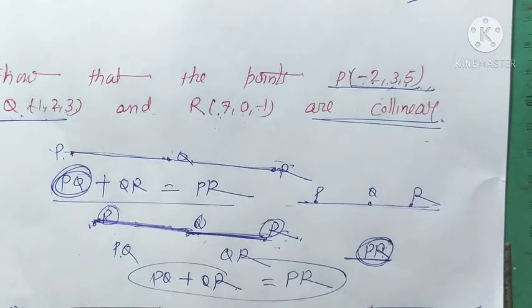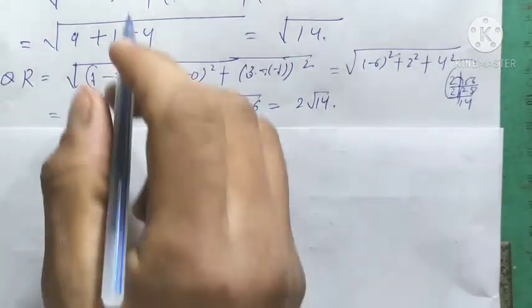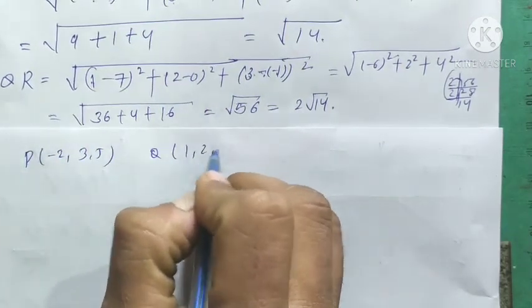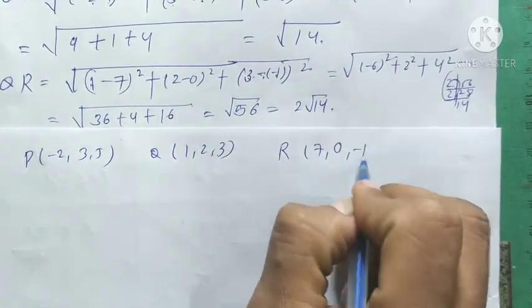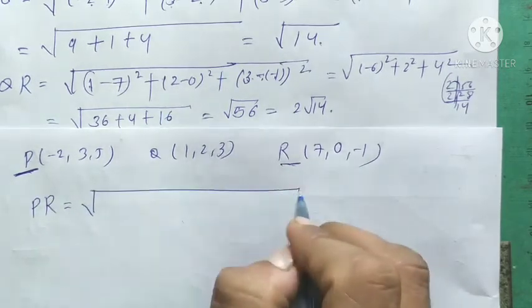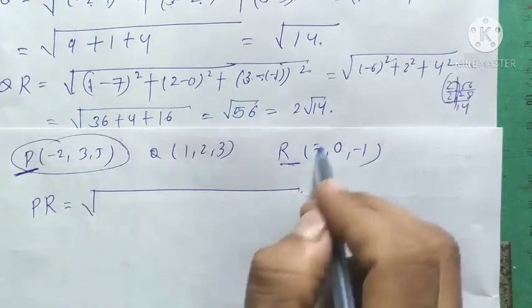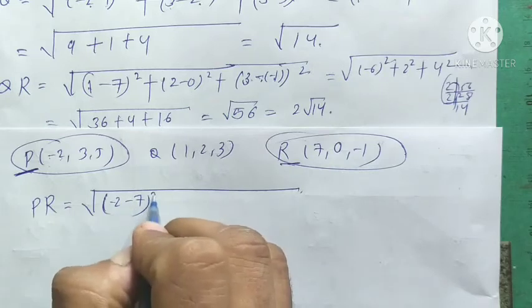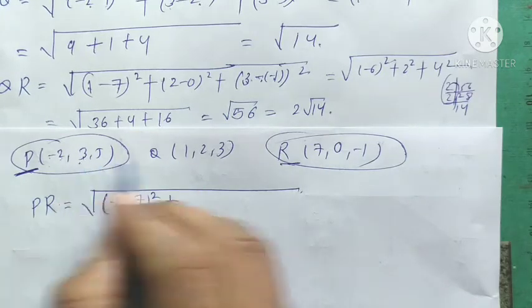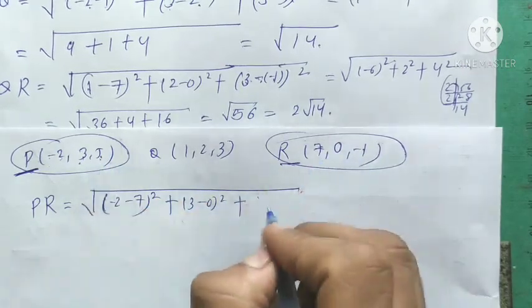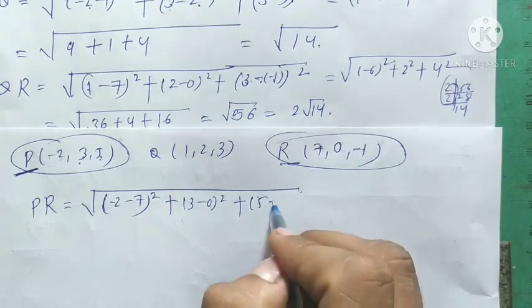And now we find the distance between P and R. Our coordinates are already given here. So first we write all these coordinates here: P 2 3 5, Q 1 2 3, and R 7 0 minus 1. So now we have to find the distance between P and R. So this is the P and this is the R. So the difference between x coordinates, minus 2 minus 7, and now we square it. The difference between y coordinates, 3 minus 0 whole square, plus the difference between z coordinates, 5 minus minus 1, which becomes plus.